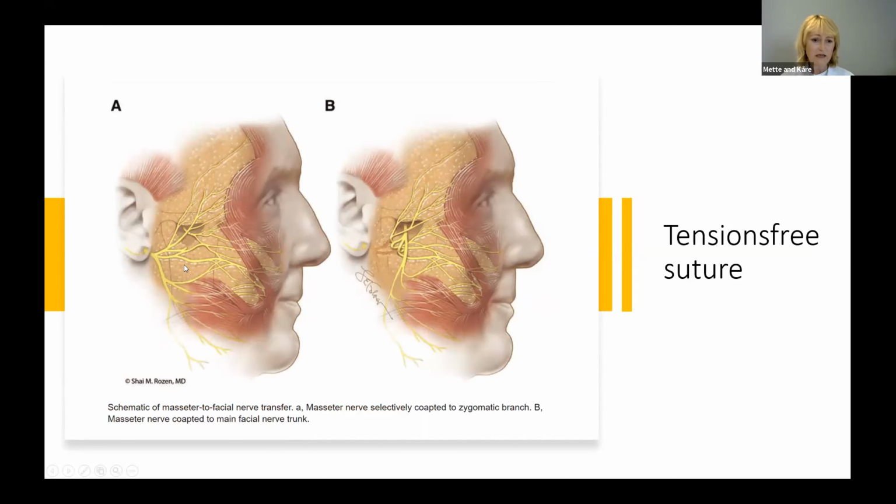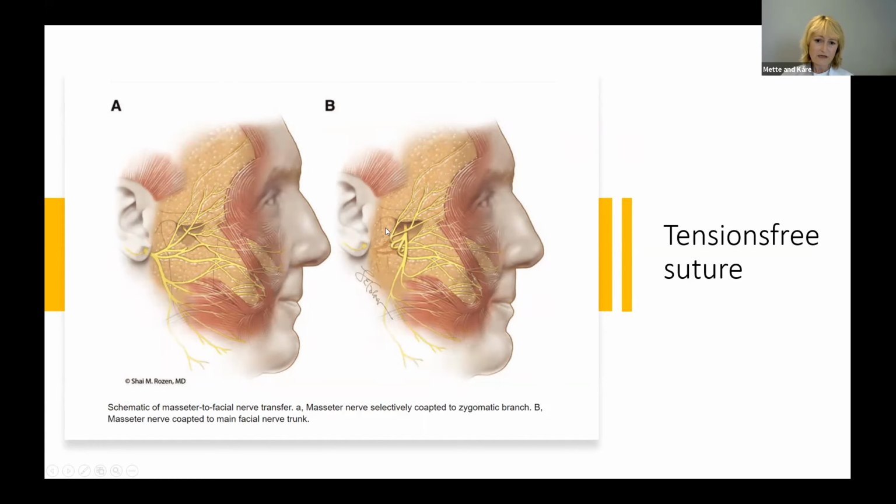Some will argue to use only a partial. This is supposed to be the masseteric nerve here, coming up from the deep side of the masseter area and connected to the buccal branches of the facial nerve.